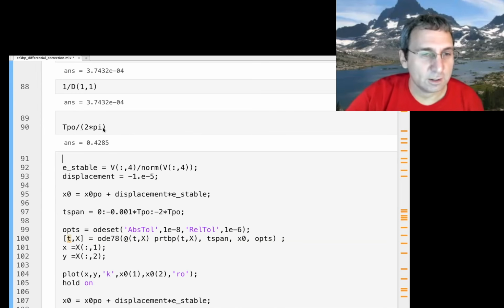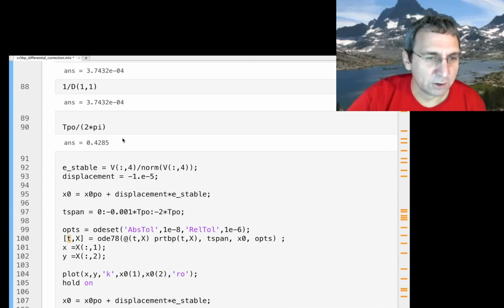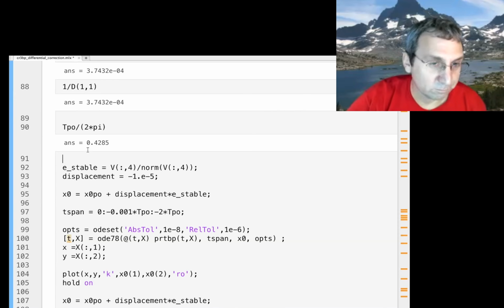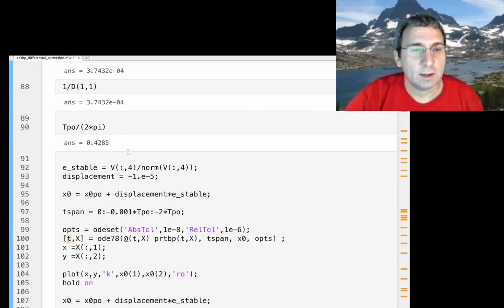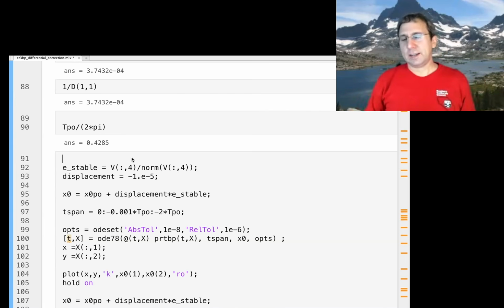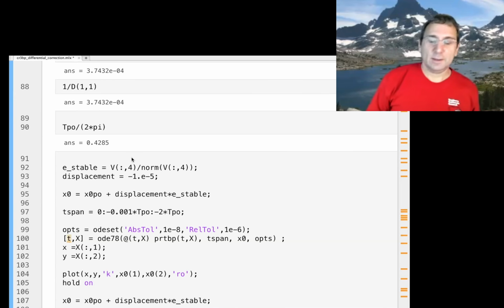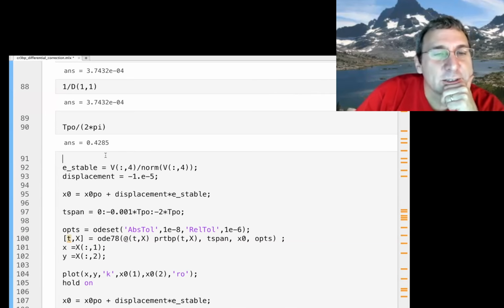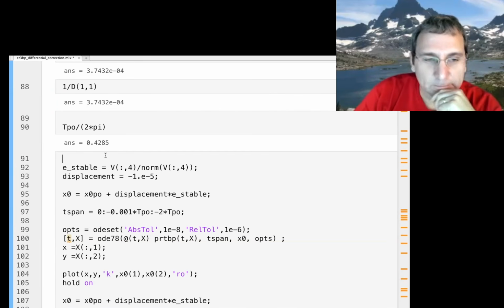So 0.42 times the period of the Earth-Moon system. And that's typical, that it's close to 0.5. I think the period will change as we go to larger orbits, and I don't know if it gets smaller or larger off the top of my head. But that's what we get for this. Okay, thank you. Yeah.